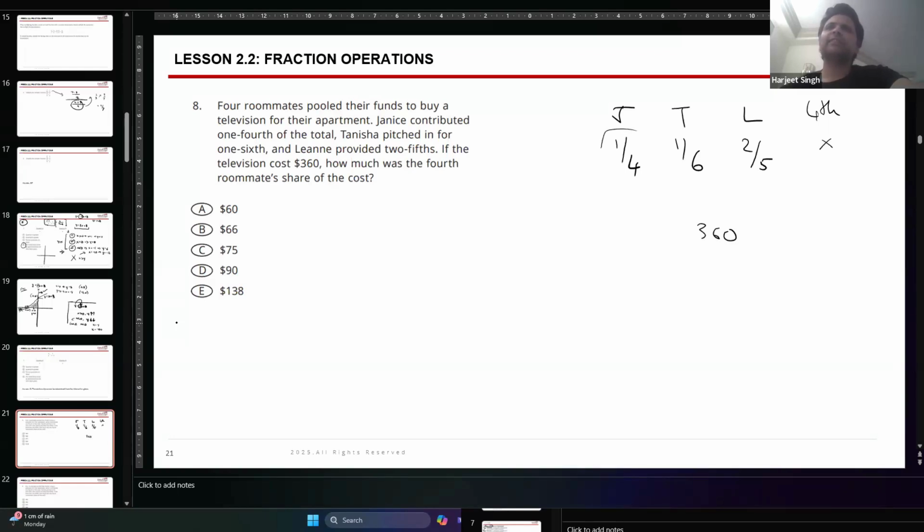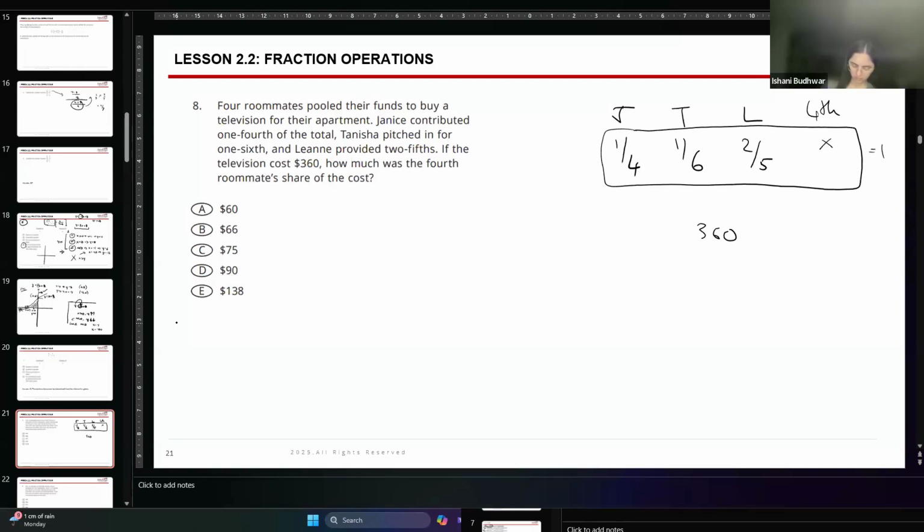Obviously, can I say the sum of the fractions should be equal to 1? So we can find x. So what will be x? So we can approximate. This is 0.25. This is 0.167. This is 0.4.